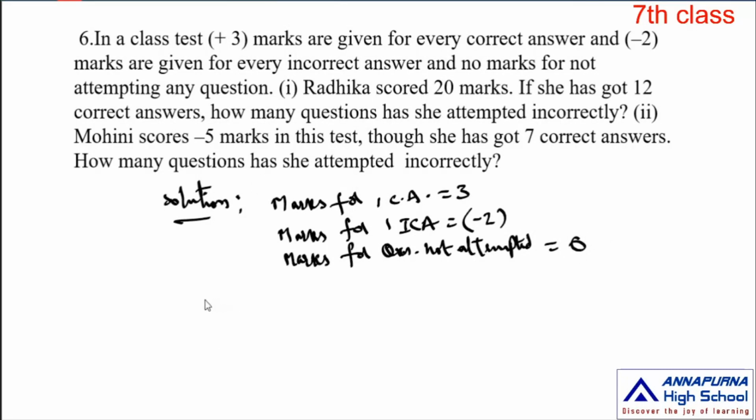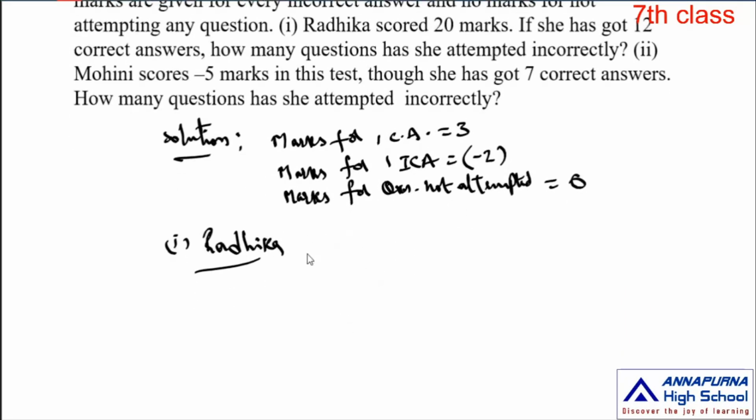A, Radhika. So what is her total score? 20 marks. Radhika's total score is equal to 20 marks. If she has got 12 correct answers, that means number of correct answers is 12.